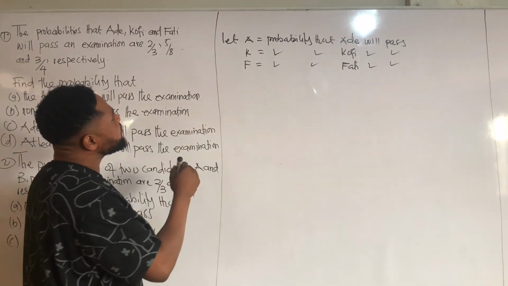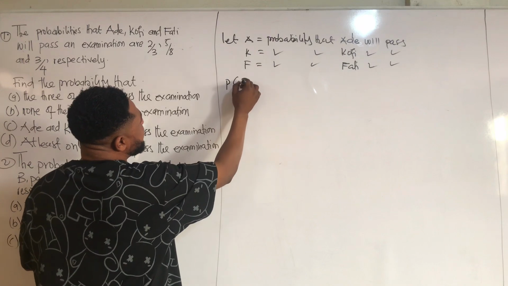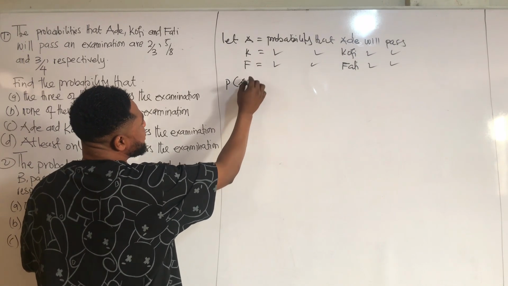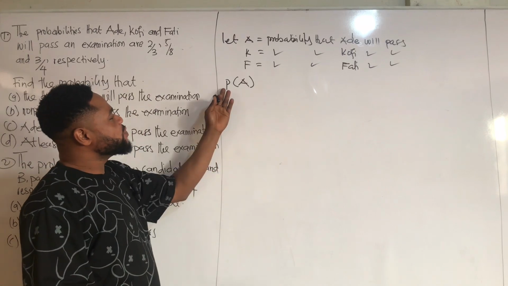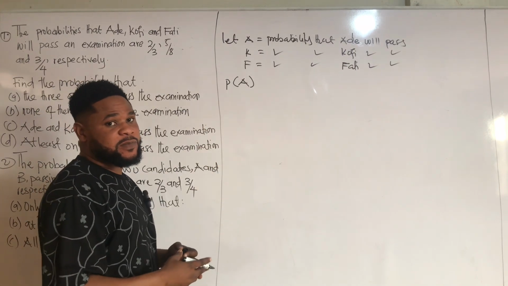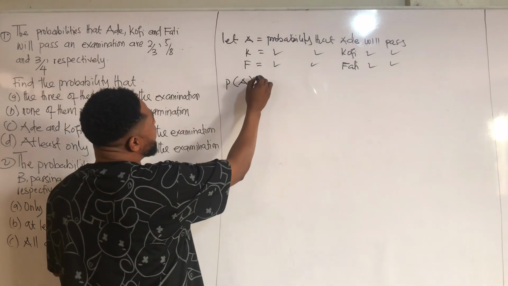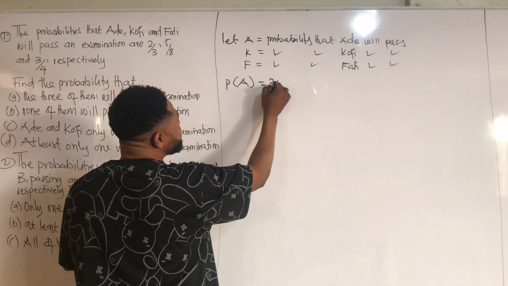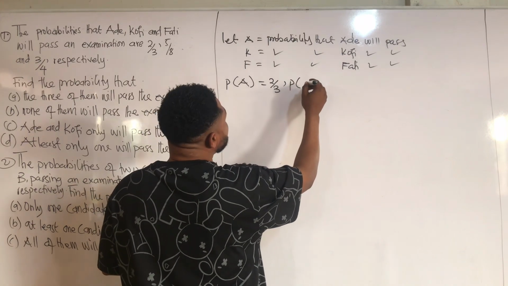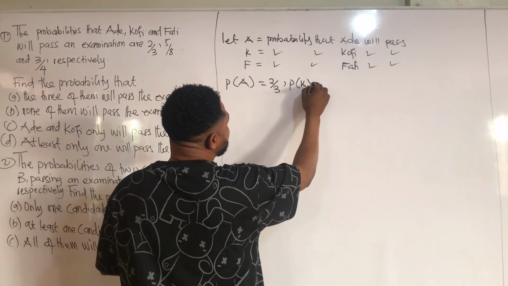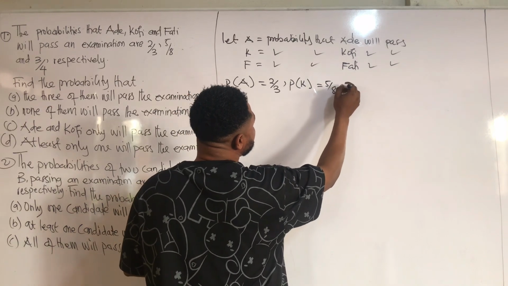Now, so what can we do? From the question, we can say that in probability, when solving, we use P to represent probability, all right? So probability that Ade will pass is given as 2 over 3. Probability that Kofi will pass, K, is also given as 5 over 8.